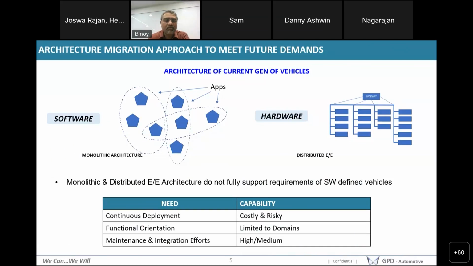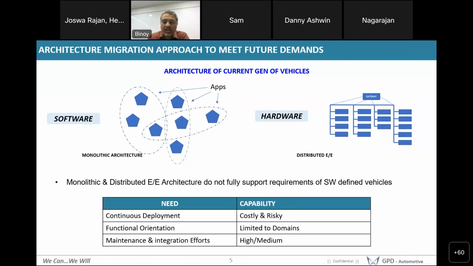Right now, what are the challenges with that? If you want to improve or update the software, it becomes multiple ECUs, and you have to ensure that all the ECUs talk to each other, and with the new version of software, everything works together. Any change which you do, we have to do by domain, and all of that means a lot of cost in getting these changes done.